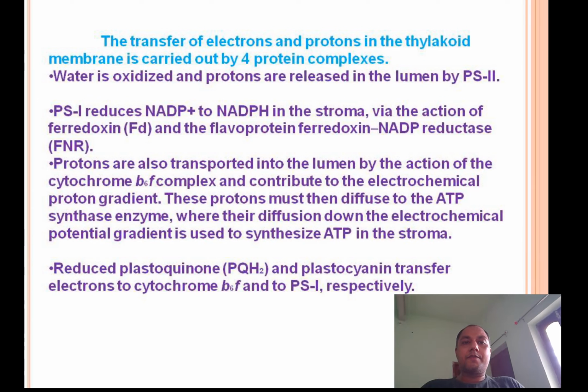For the sake of revision, the transfer of electrons and protons in the thylakoid membrane is carried out by four protein complexes: photosystem II, then for the synthesis of NADPH protons are consumed from the stromal side, protons are channelized towards the lumen by cytochrome b6f, and photosystem I. That we have already discussed in that diagram.